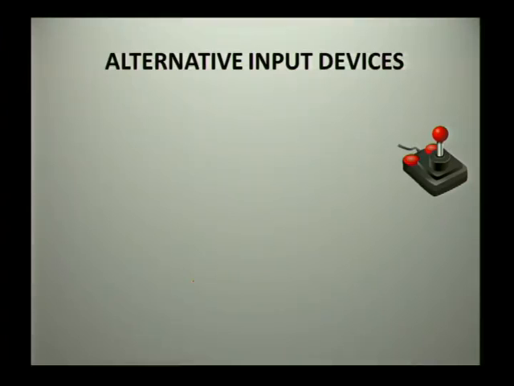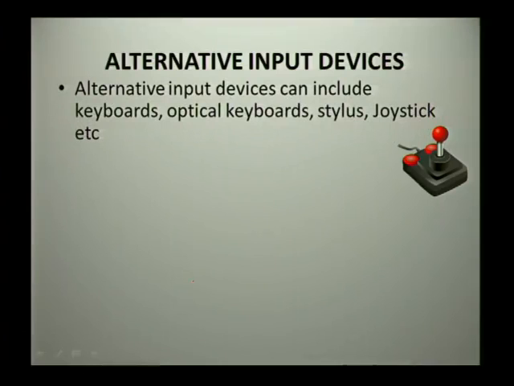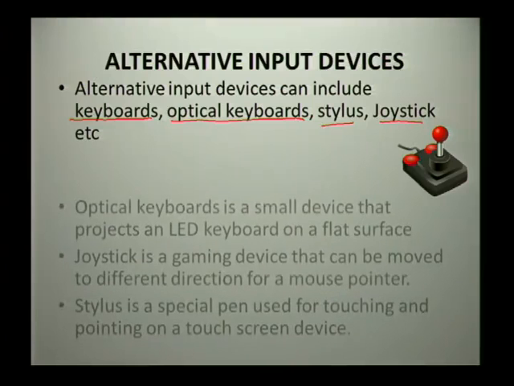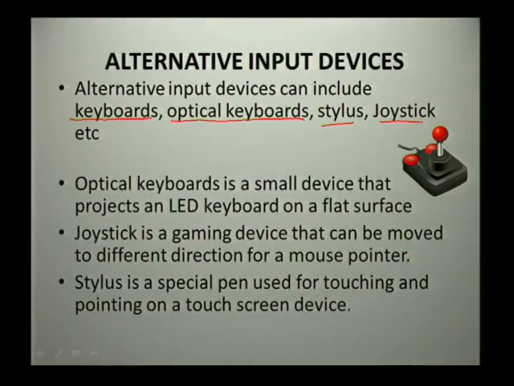Then moving on to other devices, some alternative input devices that we don't really use that often. These alternative devices can include your keyboard, which I'm not going to discuss in much detail because you obviously know them, and then optical keyboards, stylus, joystick, etc. So these are other devices that can also be used as input devices.